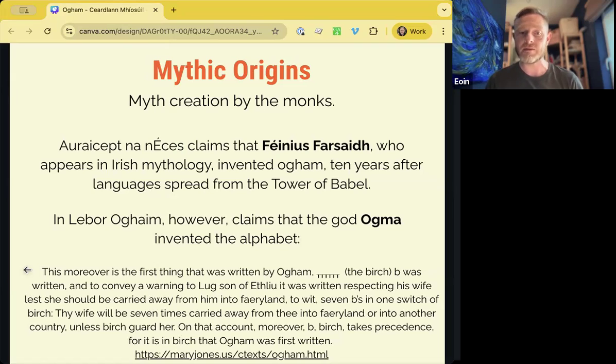We've got mythology about Lug, and I hope we'll speak more about Lug for next month's Lughnasadh workshop, right? So that's really interesting. It's like the genitive. It's creativity itself. It's Ogham being written on birch. The first letter being written is birch, and it's been written 7 times as a warning.